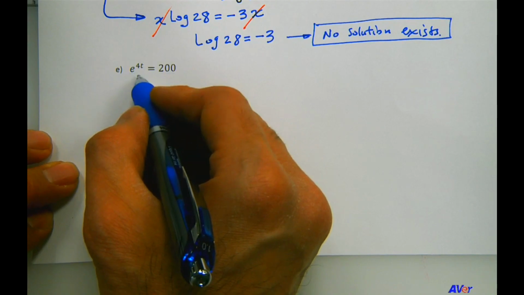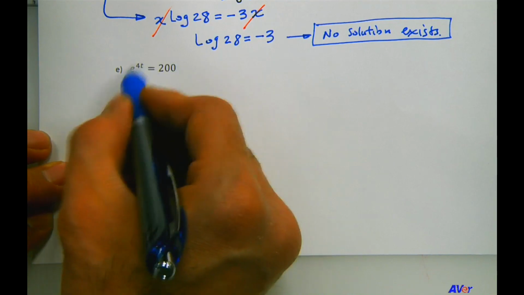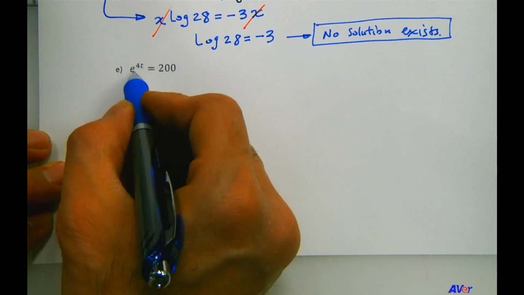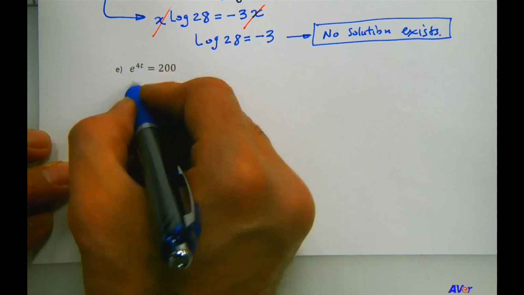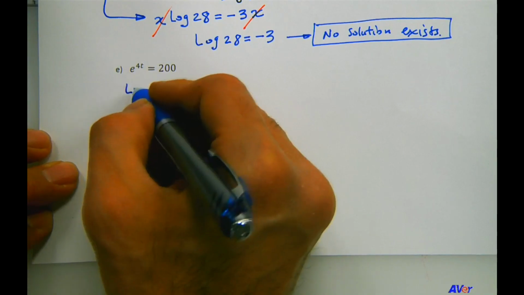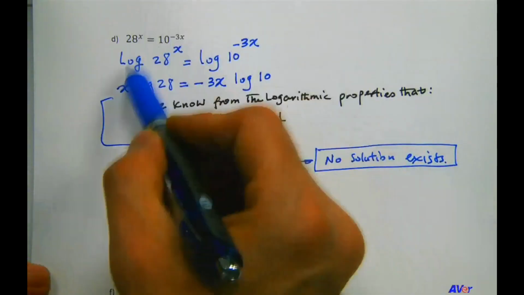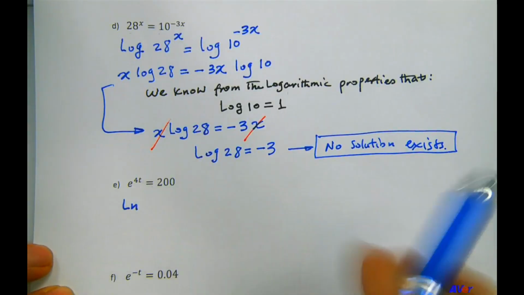No, that's not possible, right? So what else can we do? Well, we can take the natural log of both sides to bring this 4t down and solve for t. Okay, so let's do that. Why did I take log of both sides here? And why am I taking the natural log of both sides here?